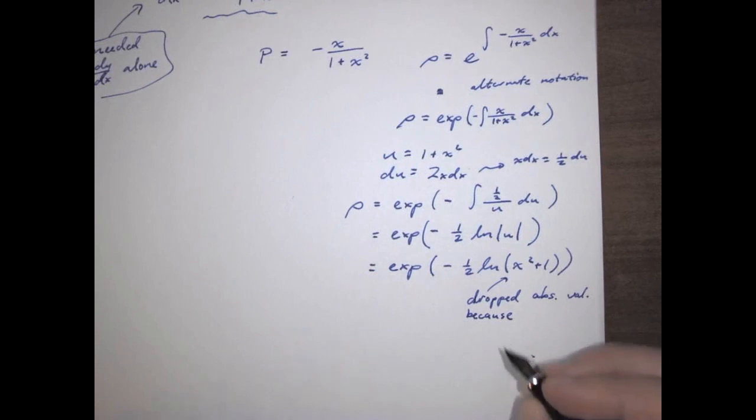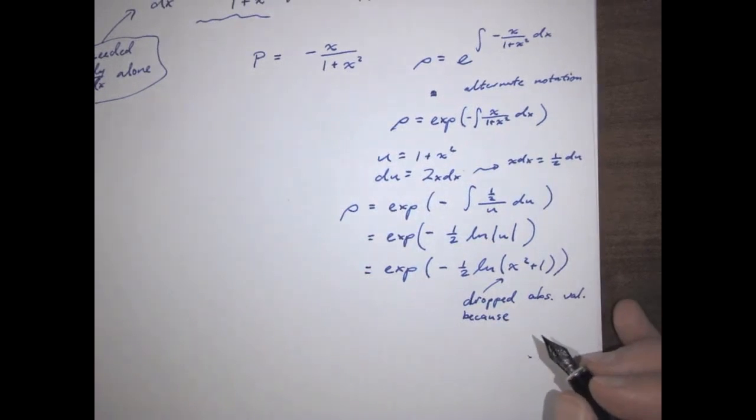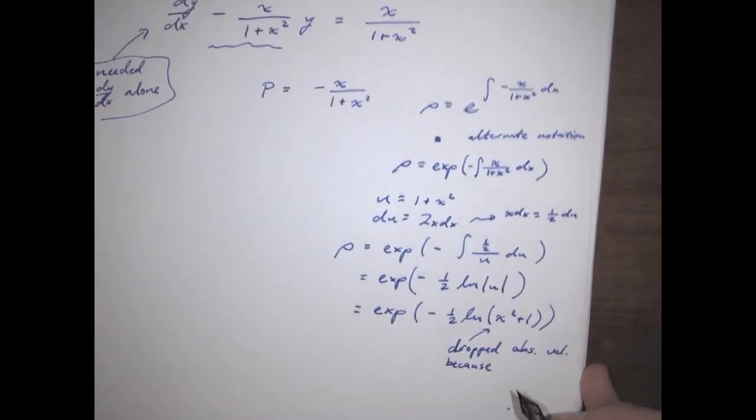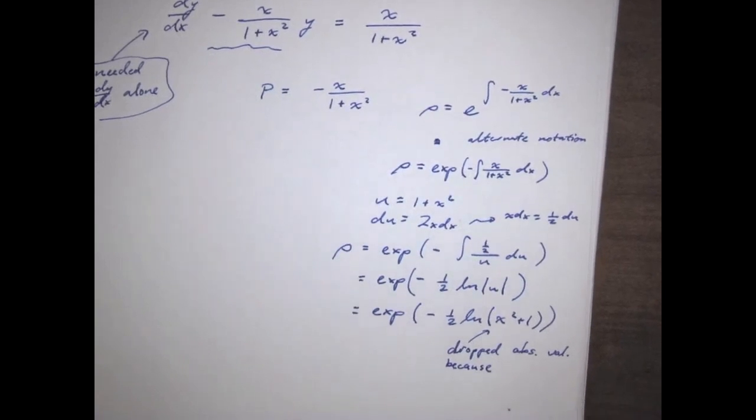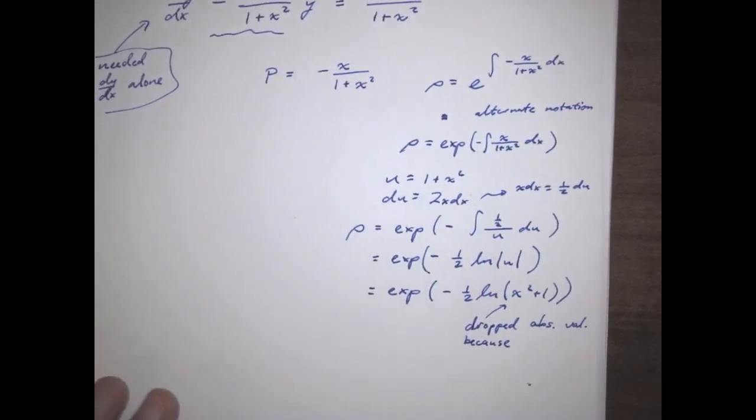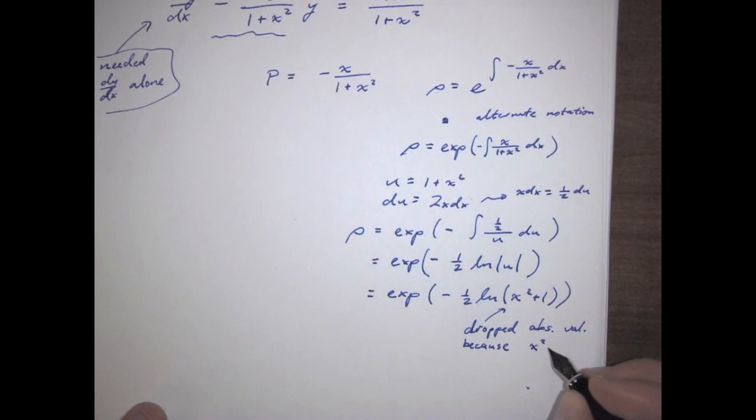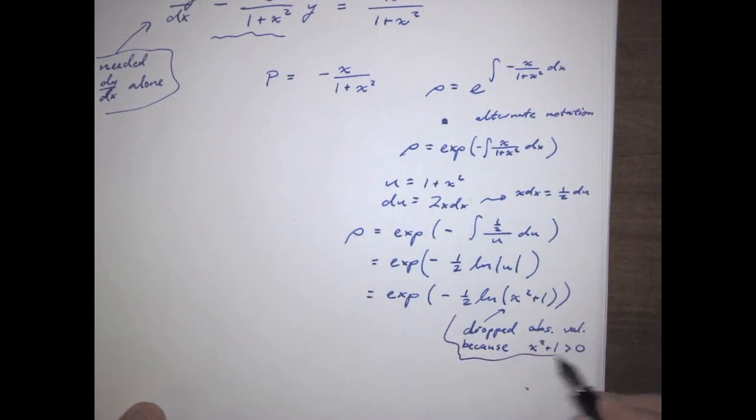That's because x squared plus 1 is always greater than 0 for any real value, and that's all we're talking about right now.